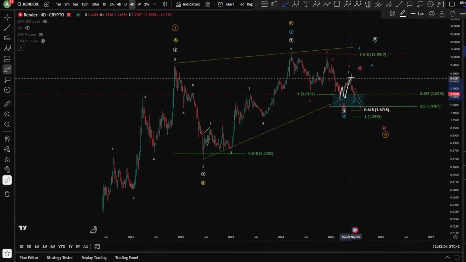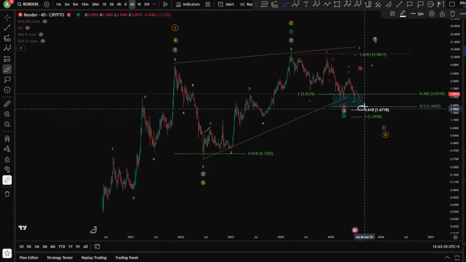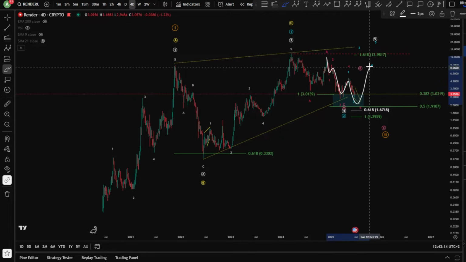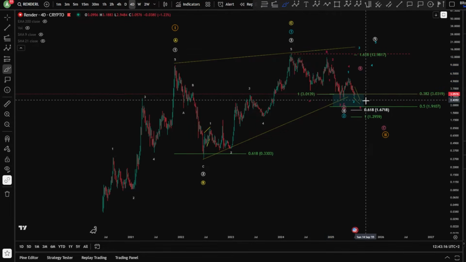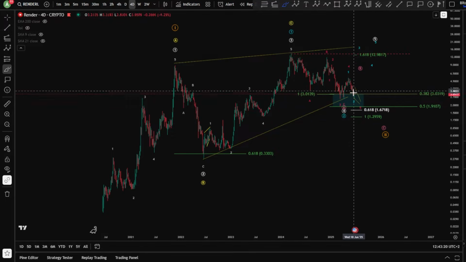It might be an ABC expanding flat. The wave C is that impulse, and of course moving again impulsively to finish a wave 5 here as 1, 2, 3, 4, 5 finished wave C, and therefore moving toward the upside. We're gonna see this, of course, internally on the micro levels as well.